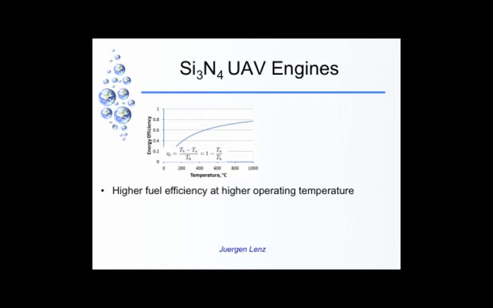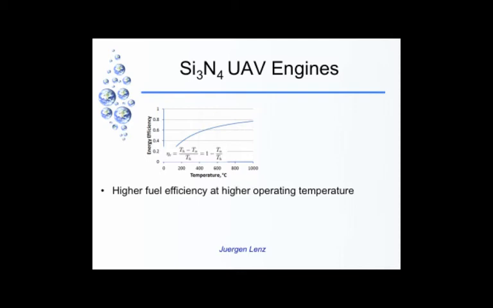To be able to then operate the engine at a higher temperature, you have to go from aluminum, which is typically used as a material for constructing the engine. If we were to go to silicon nitride, which has good thermal shock resistance, it has good chemical stability at high temperatures, it has good high temperature creep, and it has good wear resistance as well, and it has high thermal conductivity.